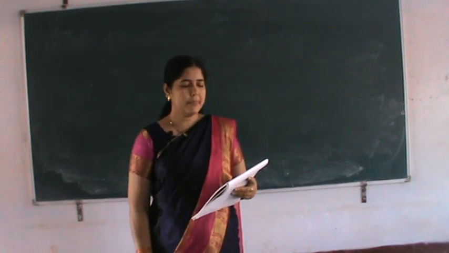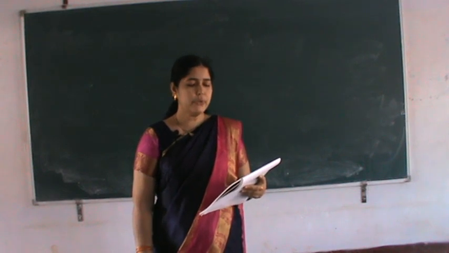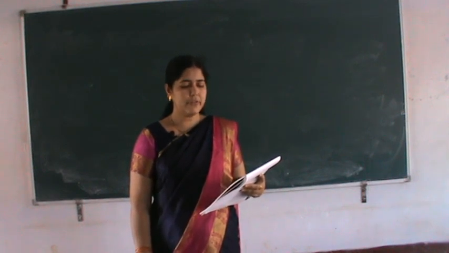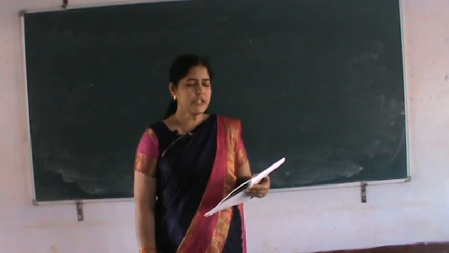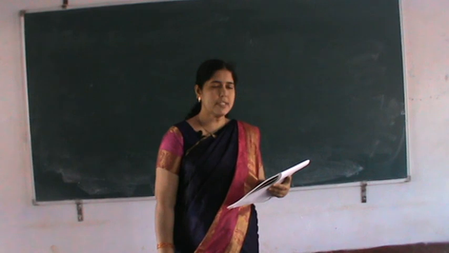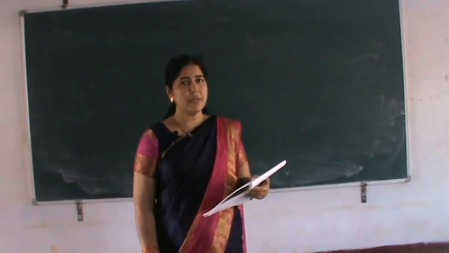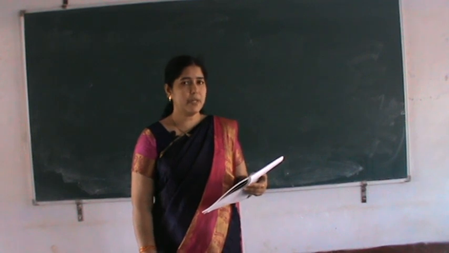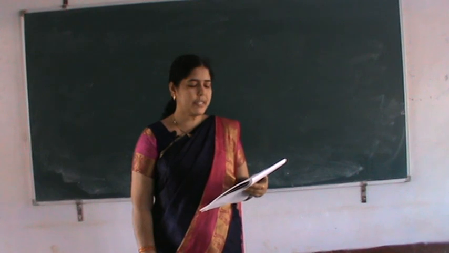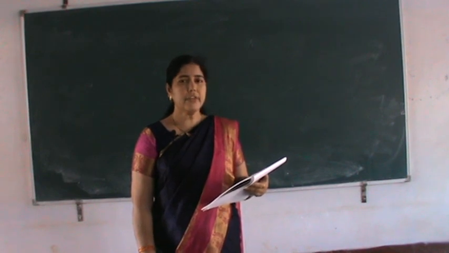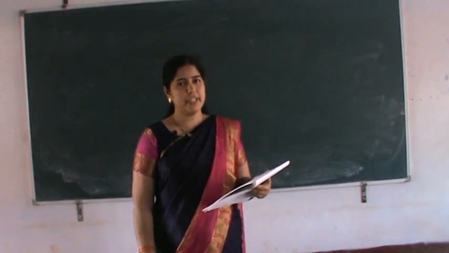The problem is: Himanshu withdrew rupees 2,500 at the end of each month. The partnership deed provides for charging interest on drawings at 12% per annum, that is per year. Calculate interest on Himanshu's drawings for the year ending 31st March 2017.